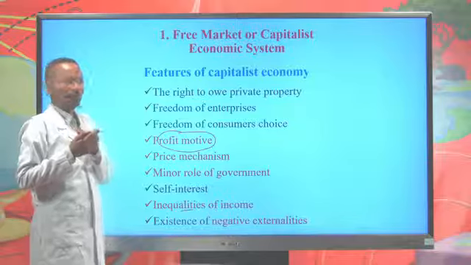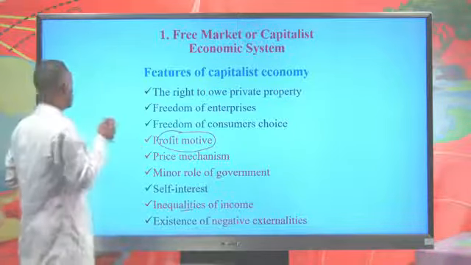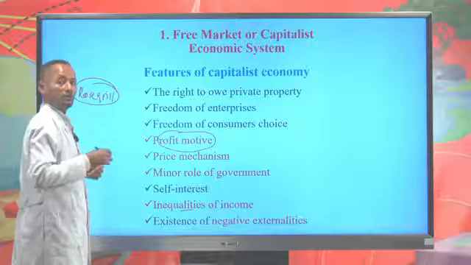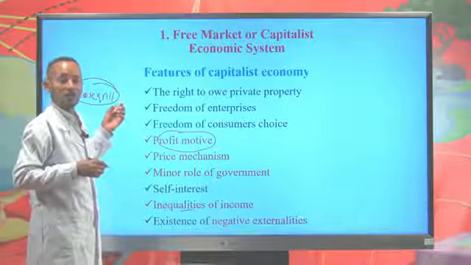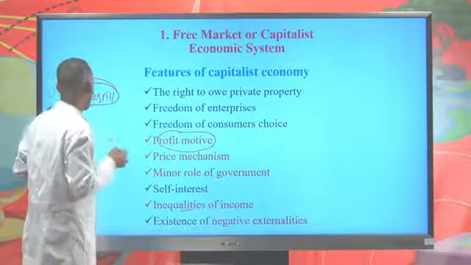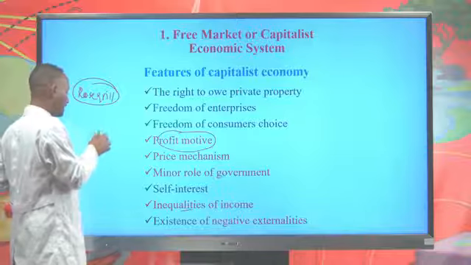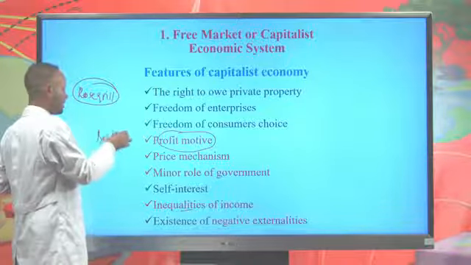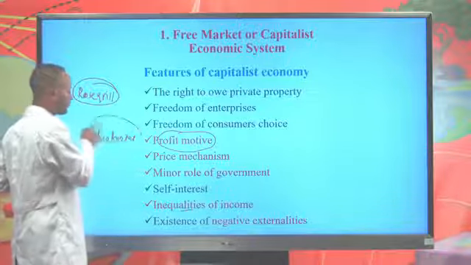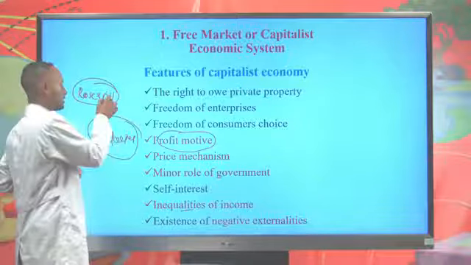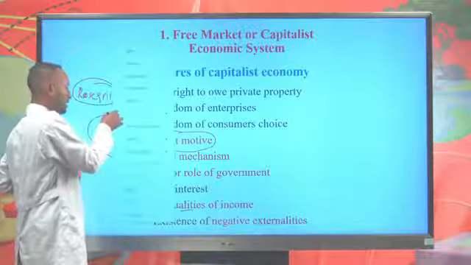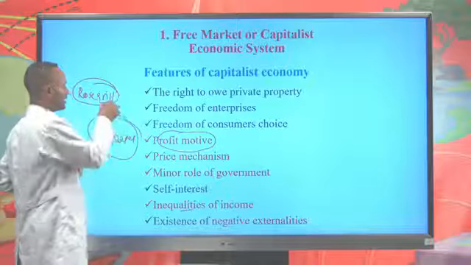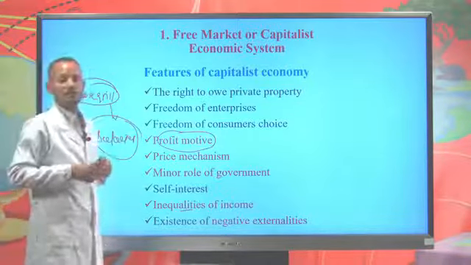Let me give you an example for positive externality. There is a rose grower engaged in production of flowers, and there is a beekeeper here. If the bees of the beekeeper use the flowers of the rose grower in order to make honey, then there is positive externality.